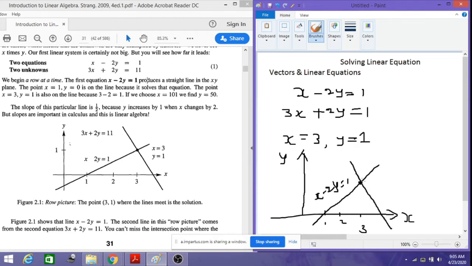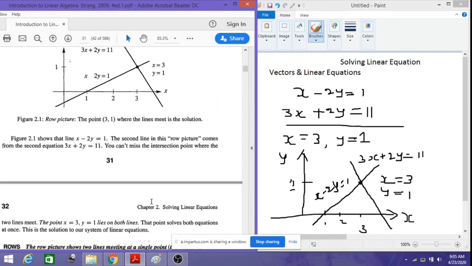So there is a point of intersection. This is x equal to 3 and this is y equal to 1. This is 3x plus 2y equal to, sorry, this is not 1, this is 11. So this is the point, and here it is the y equal to 1 point.